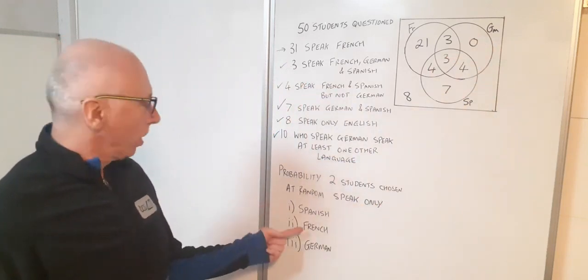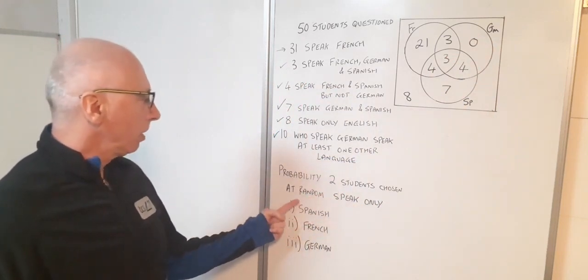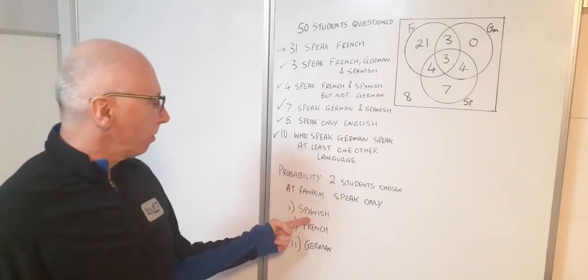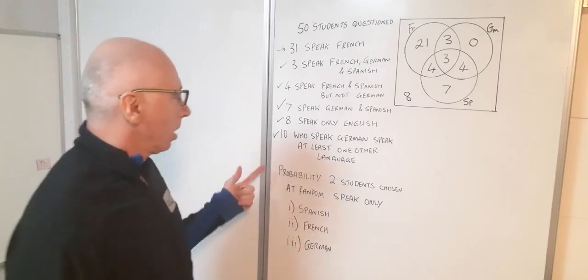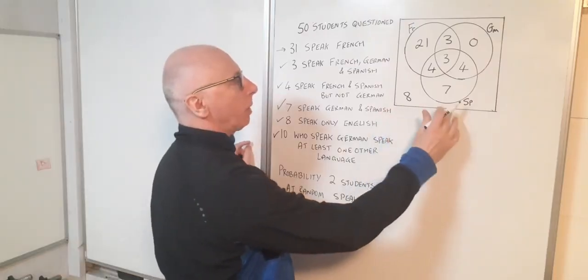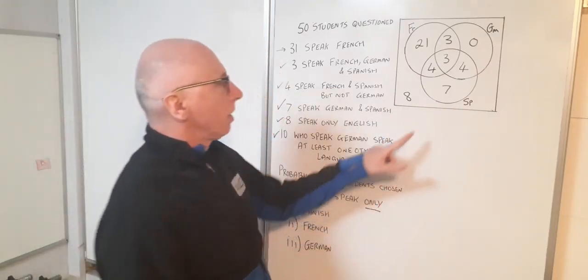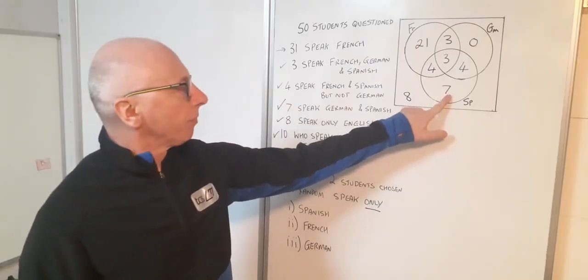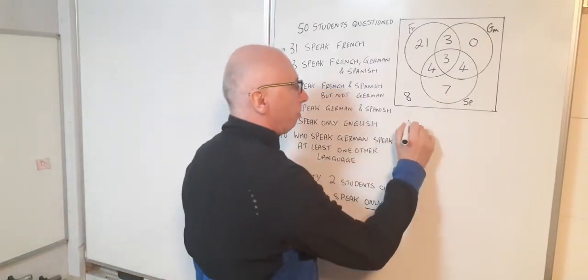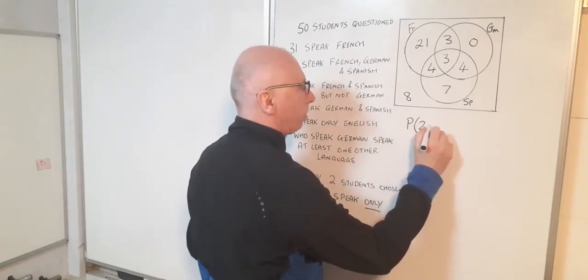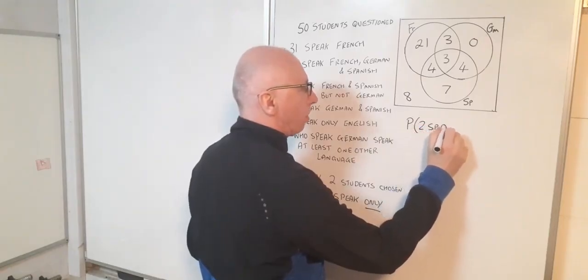So now I'm ready to work out the probability 2 students chosen at random speak only Spanish. The first person to speak only, it's only Spanish. That's the important bit. So only Spanish is 7. So I've got probability of 2 Spanish only.